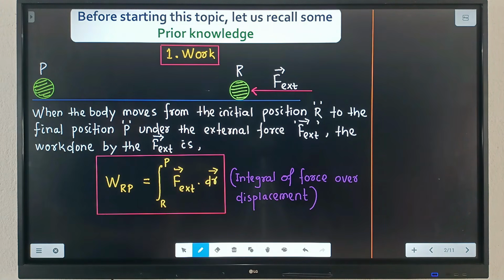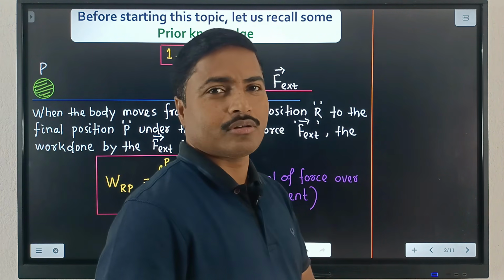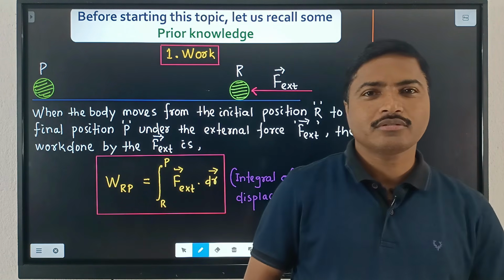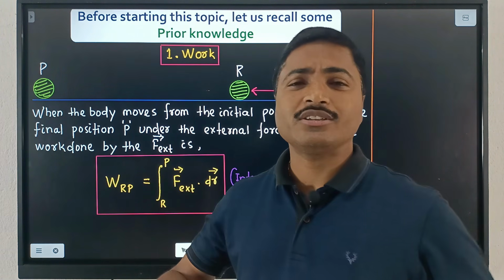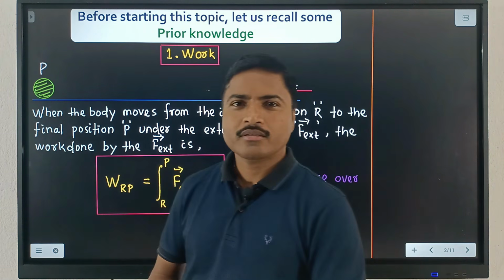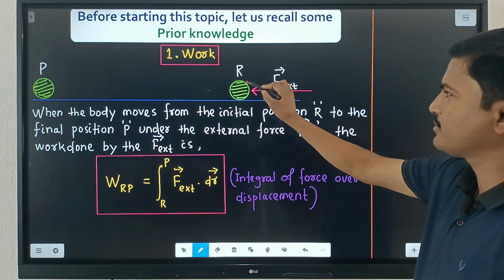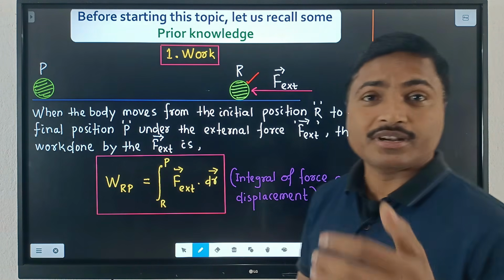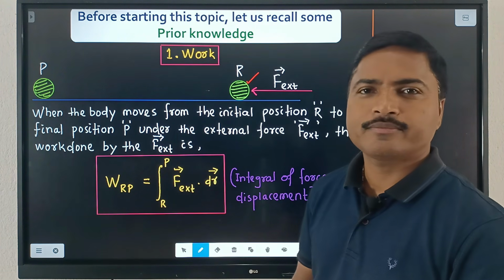So first we discuss work. You know the definition and the mathematical expression of work. What is work? Suppose a body is initially placed at point R, the initial position of the body.